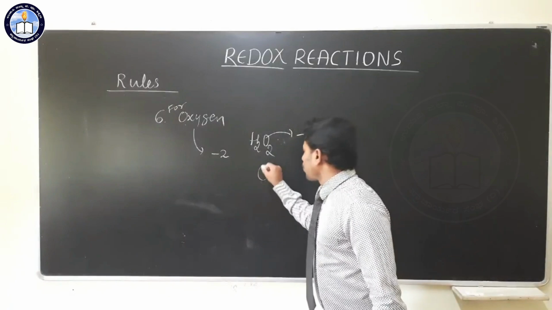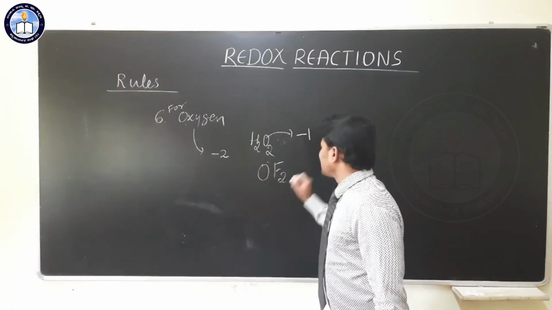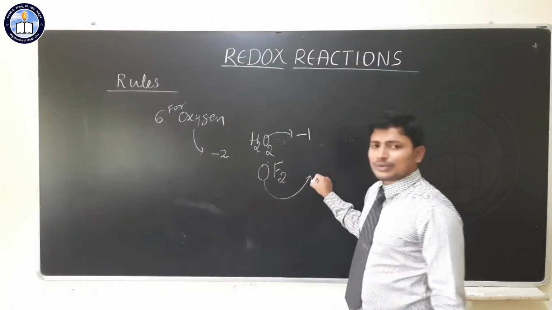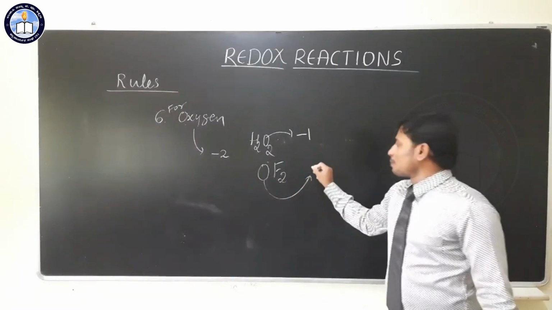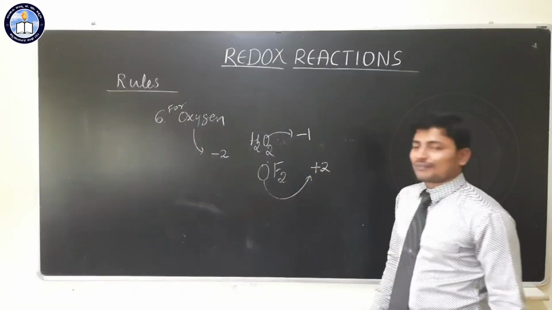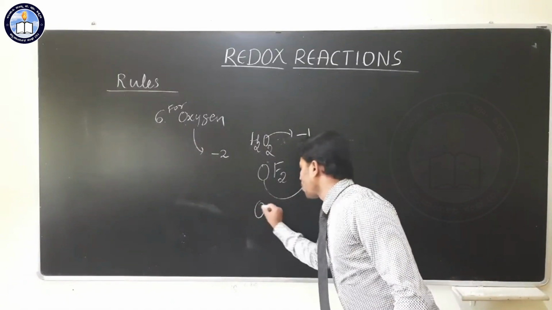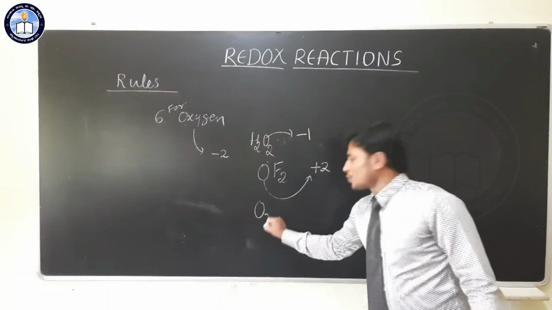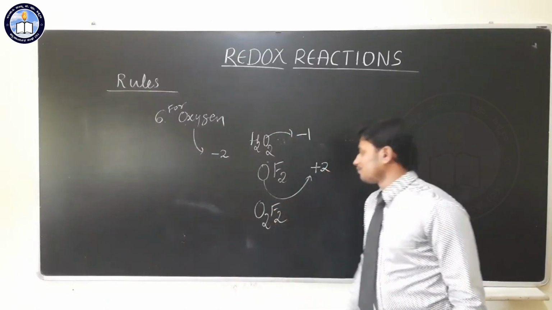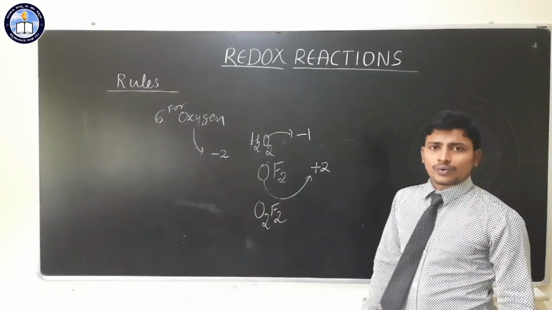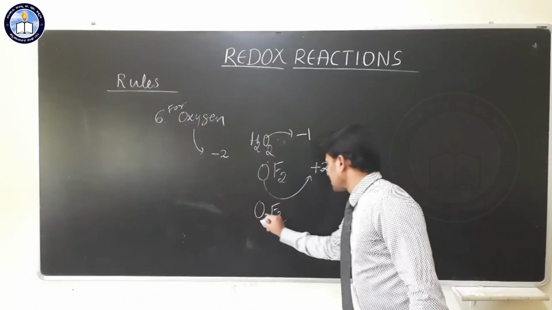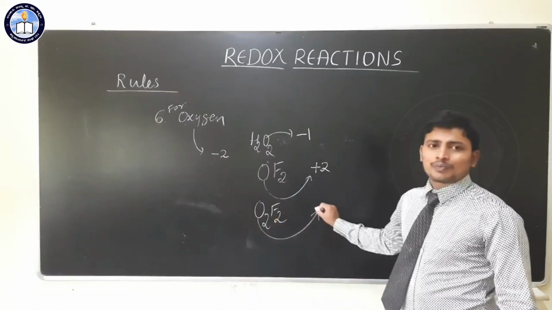In case of OF2, the oxygen value we need to write is +2 instead of -2. If it is O2F2, for oxygen we have to write +1.